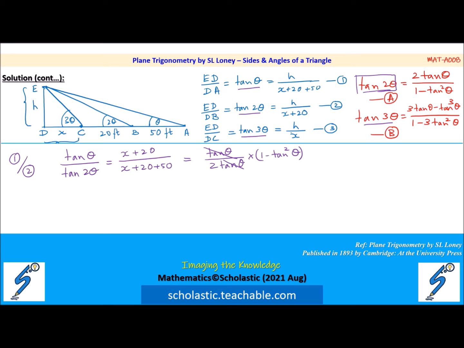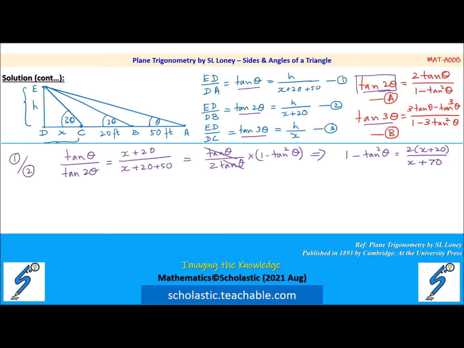We can have an expression for 1 minus tan squared theta here. So we write 1 minus tan squared theta is equal to 2 times x plus 20 divided by x plus 70. So we leave it there and do the same thing for equation 1 and 3.